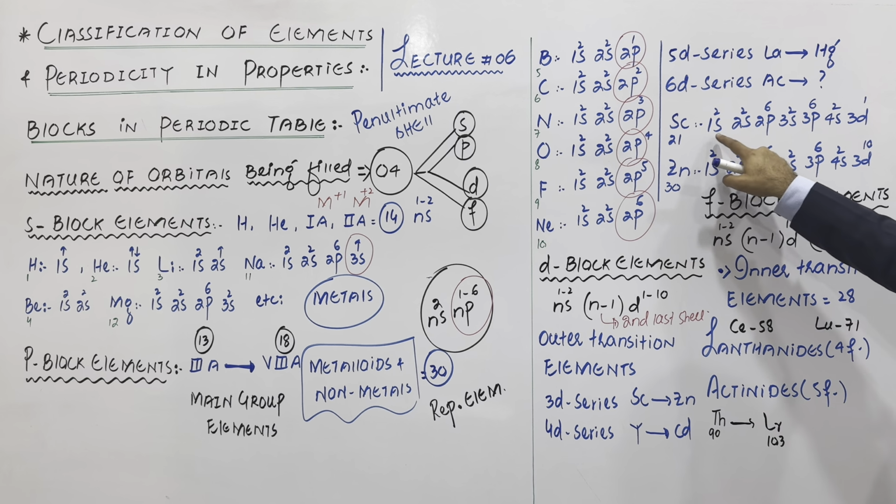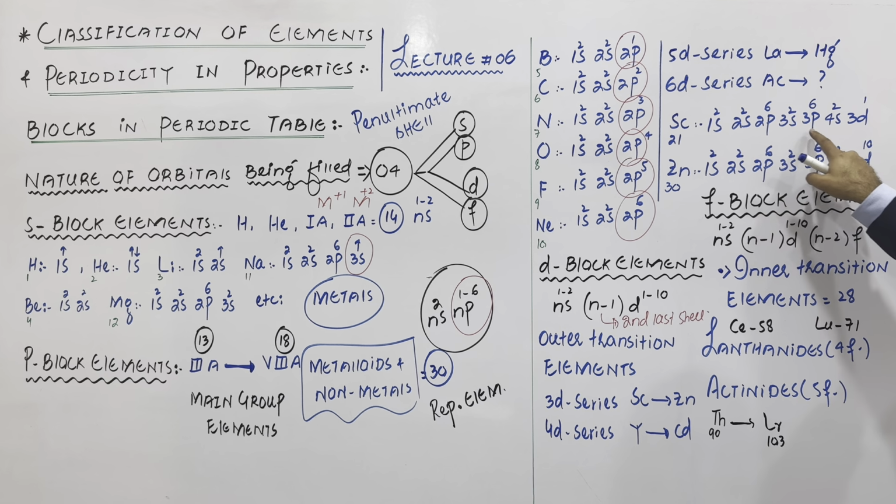Now it has the configuration 1s2, 2s2, 2p6, 3s2, 3p6, 4s2, and 3d1. Look at this, its valence shell is the fourth one, as the s subshell of the fourth shell is being filled with electrons, but the d subshell is not of the valence shell, as the valence shell is the fourth one.